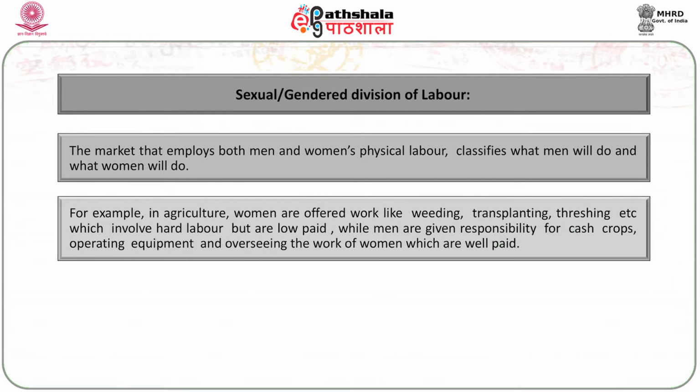For example, in agriculture, women are offered work like weeding, transplanting, threshing, etc., which involve hard labor but are poorly paid. On the other hand, men are given responsibility for cash crops, for operating mechanical equipment, and overseeing the work of women, and they are generally better paid.